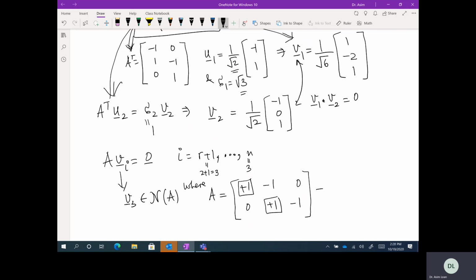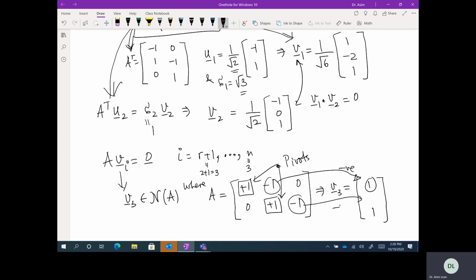There is only one free variable, so these are two pivots, right? So V3 is equal to, the third one is the free variable, so that is 1. This 1 goes here, negative here, becomes a 1. This one goes here, negative here, becomes a 1. And this is 1 over root 3.